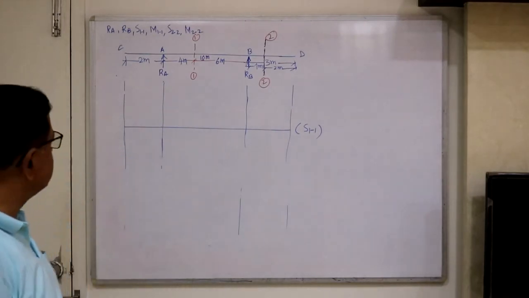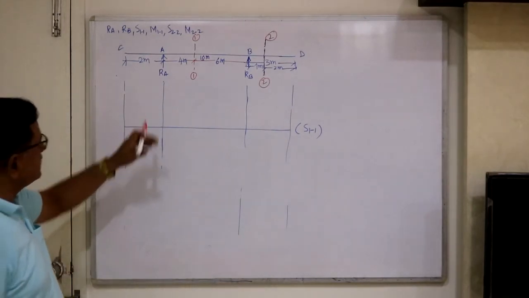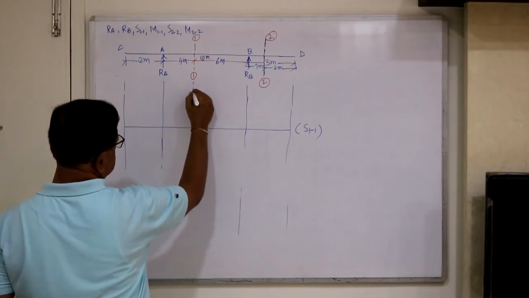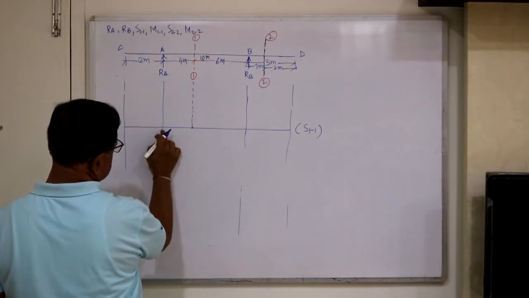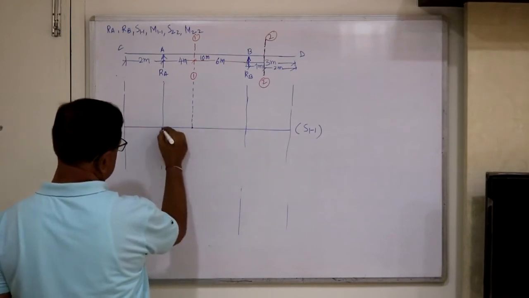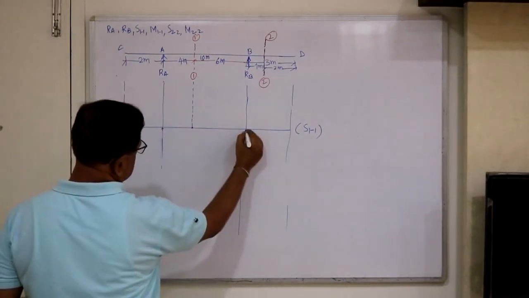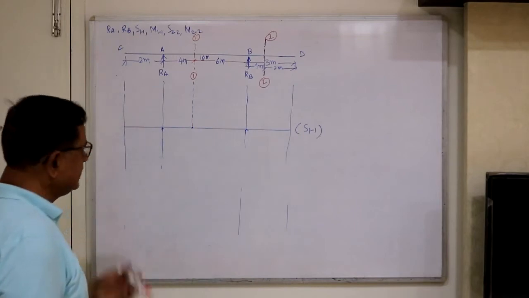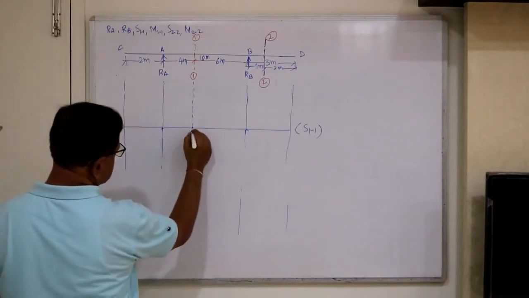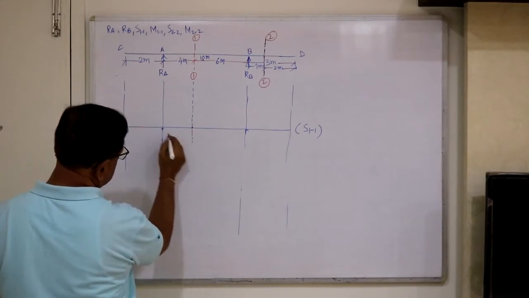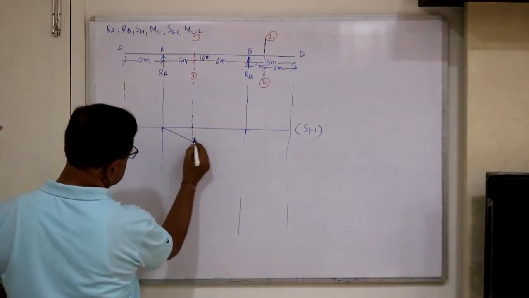Now S11 means, say this is the section within simply supported. Here there is a support, here there is a support. So we know the shape of the ILD for a simply supported beam. Left is down and right is up.